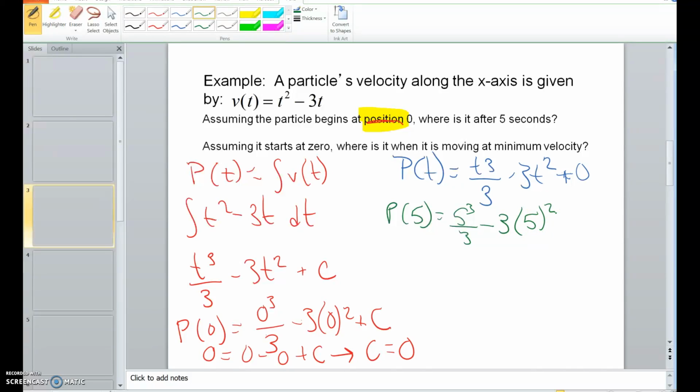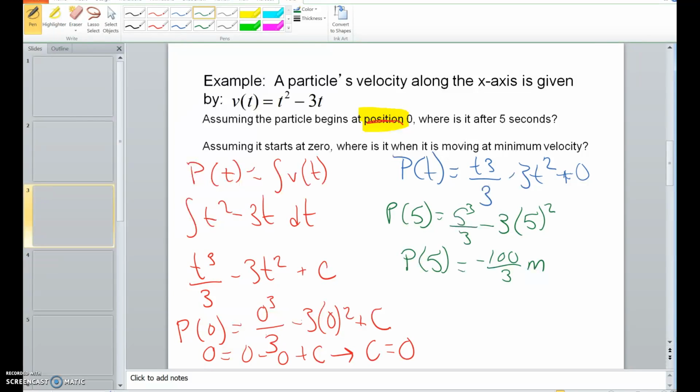And you can go ahead and use your calculator. When we plug in 5, we get that after 5 seconds, the particle is at negative 103 thirds meters. So it's 103 thirds meters to the left of the origin after 5 seconds.